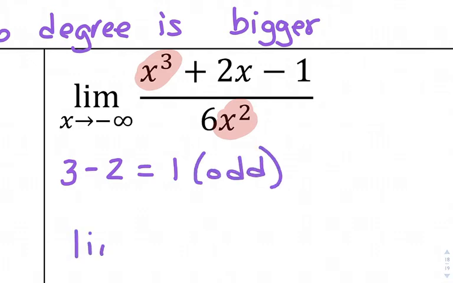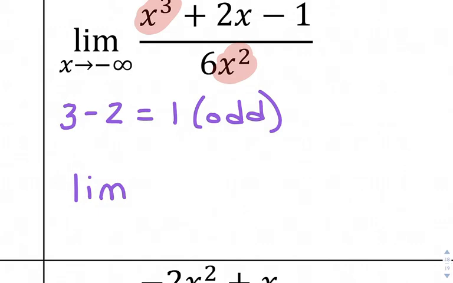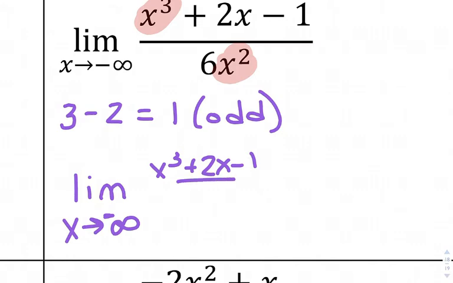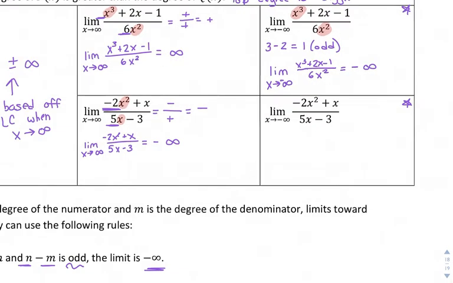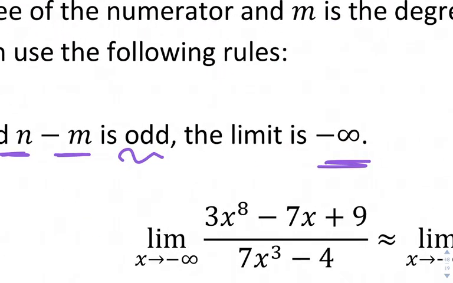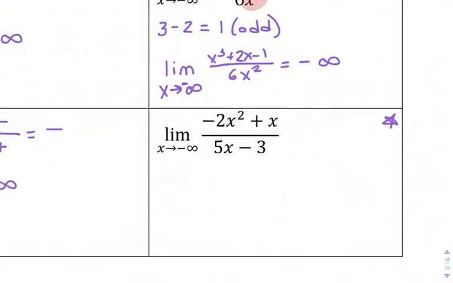So what that means is, as it goes towards negative infinity of this function, I know that it's going to go towards negative infinity as my answer, because odd goes towards negative infinity.